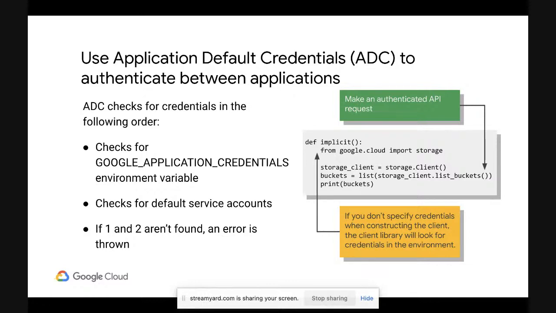If neither the environment variable nor the default service account can be found, then it will throw an error. So the example here demonstrates using Python to implicitly find the credentials, assuming that either the environment variable is set or the application is running on Compute Engine, GKE, App Engine, or Cloud Functions. So this is how Application Default Credentials are used to authenticate your applications.